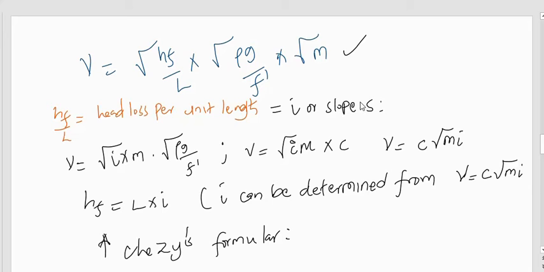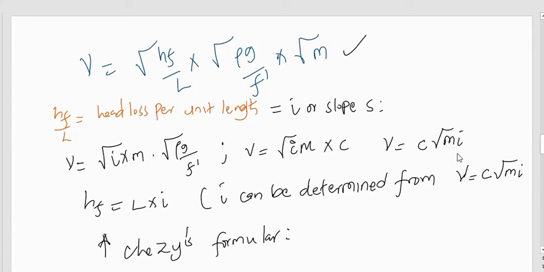We can take i. So meaning that if we substitute this value in v, then velocity would be the square root of i times m times the root of ρg over f'. Now since ρg is a constant, f' being also a constant, then we can replace it with c, so that v, the velocity defined by Chezy, is equal to c times the square root of mi.